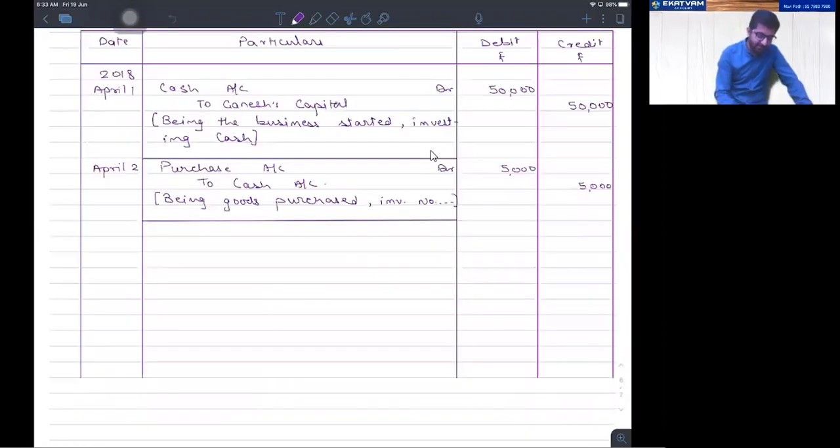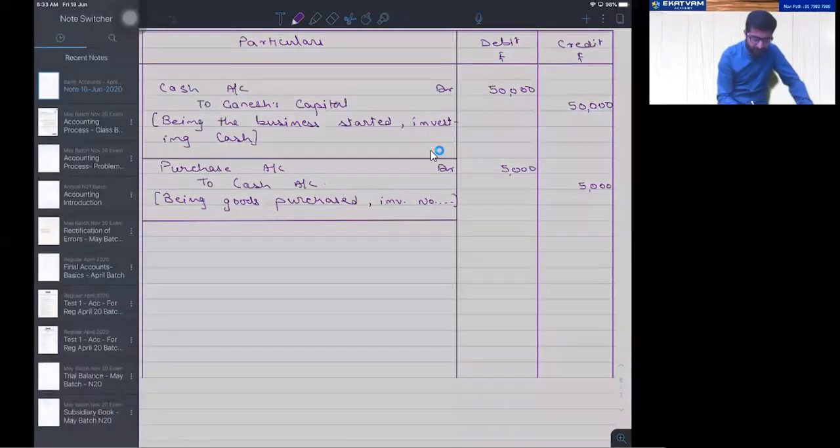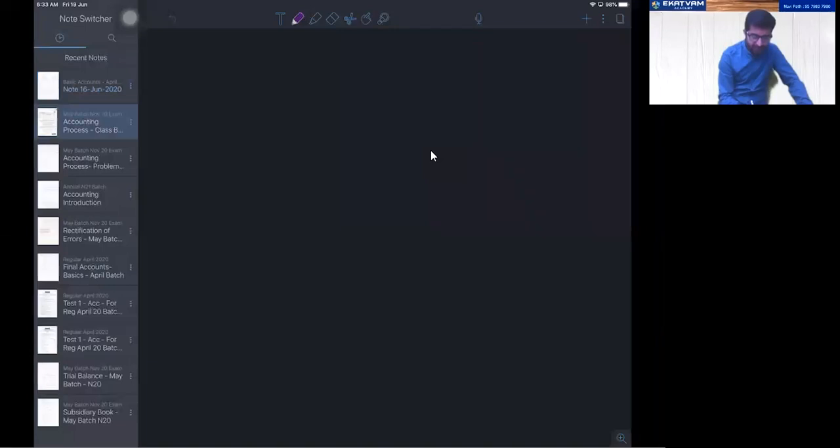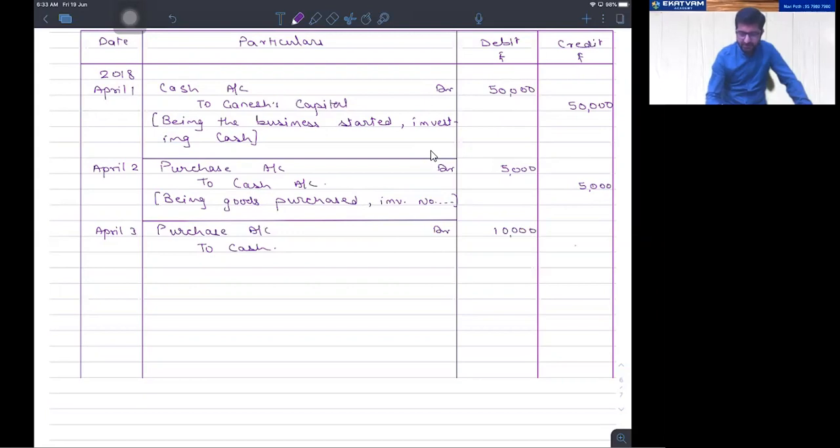We'll directly pass the entry. What's the date? April 3rd. Entry will be purchase account debit to cash, rupees 10,000 debit, 10,000 credit, being cash purchases.